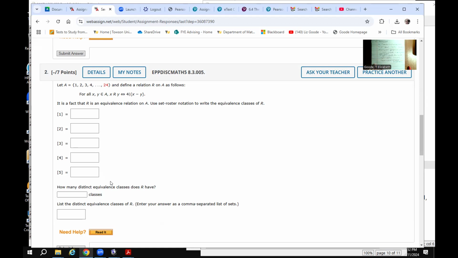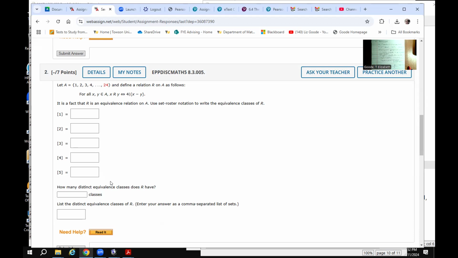If you draw a number line, every fourth element is going to be related to each other, okay? So instead of every second element when it's congruence mod 2, or every third element when it's congruence mod 3, it's every fourth element that is related to one another, okay?